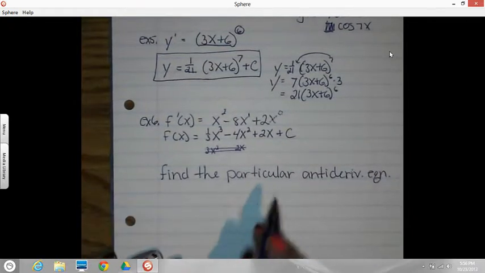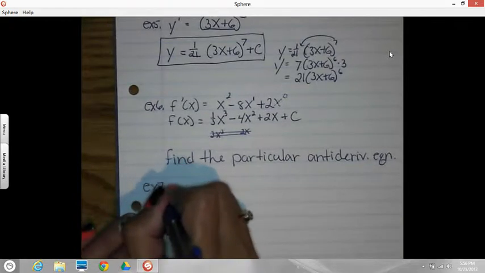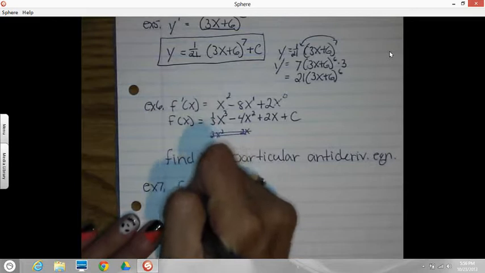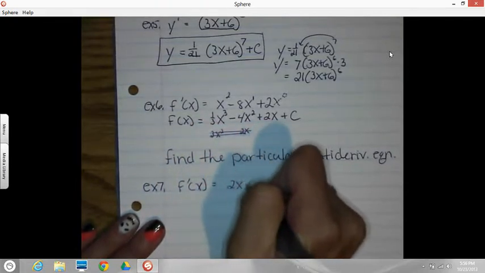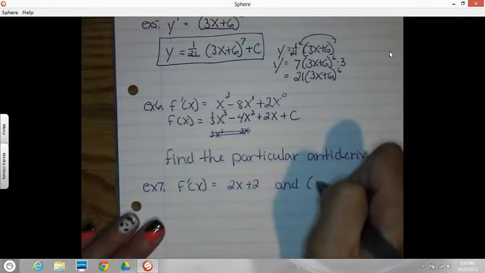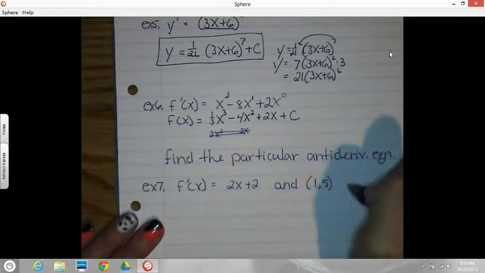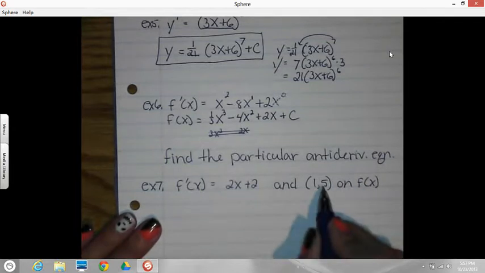So this is what they're going to give you. If the derivative equation is 2x plus 2, and we know that the point (1, 5) is on f of x, the original function, a point, that's going to let me figure out the c value.